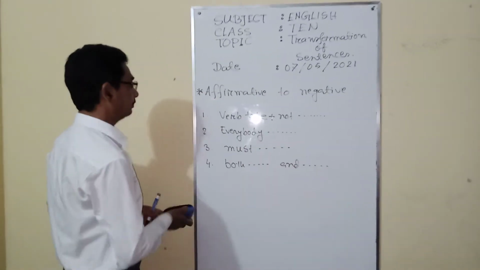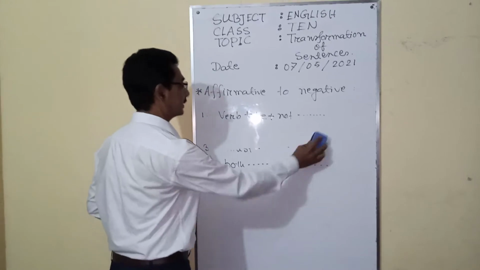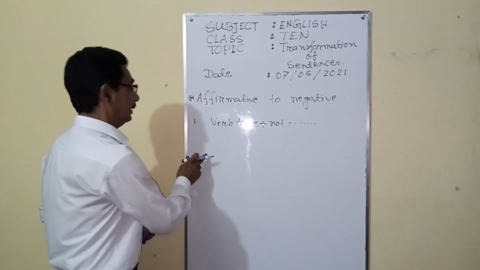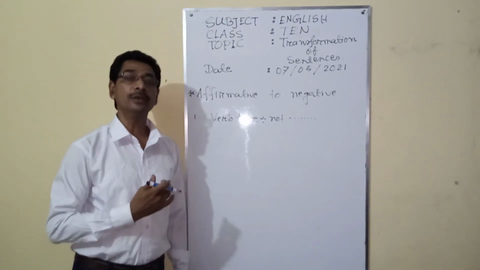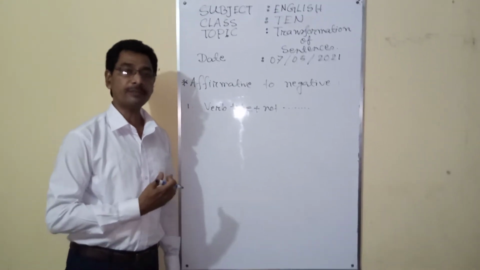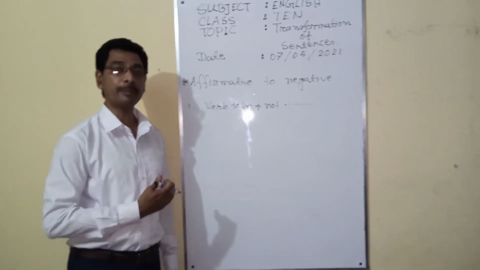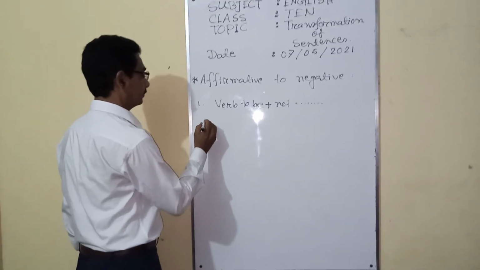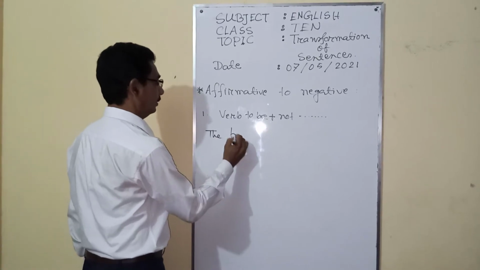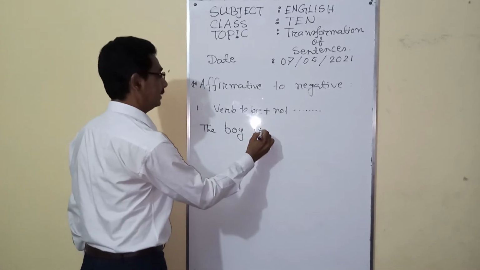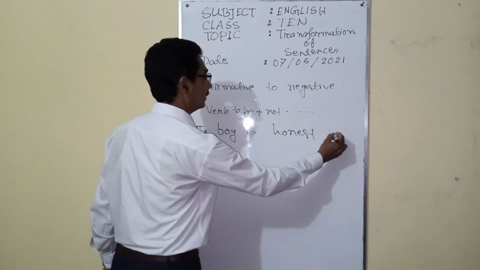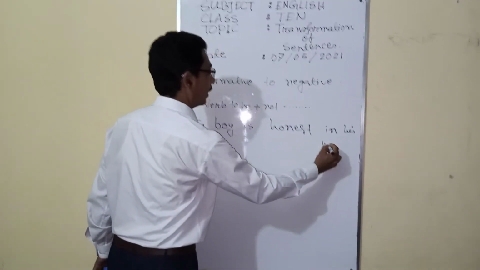The first one, I am going to discuss with you in detail. Generally, this is the main rule of transformation of sentences from affirmative to negative. For example, the boy is honest in his work.